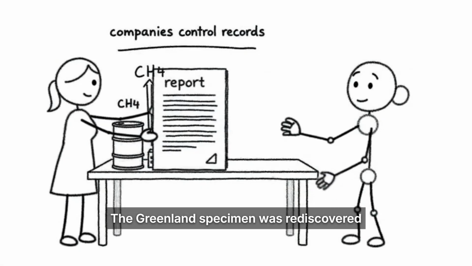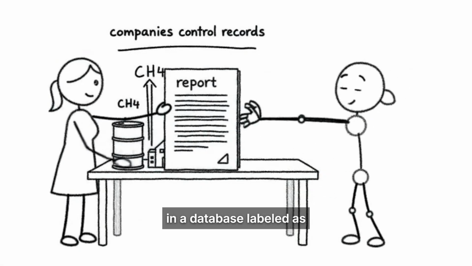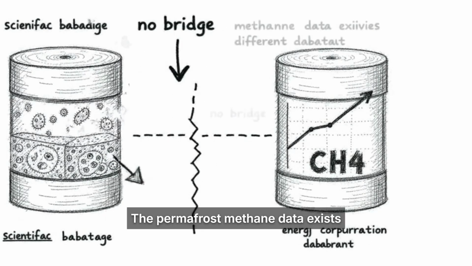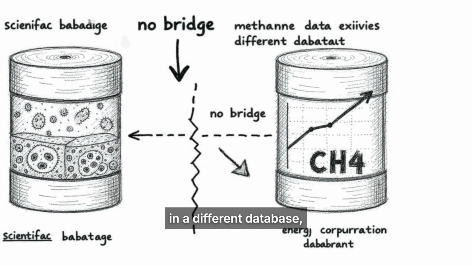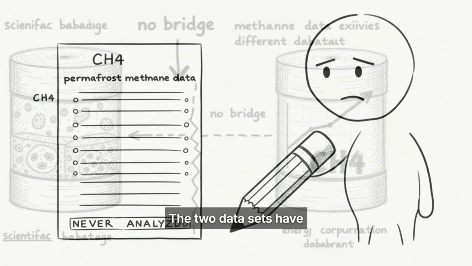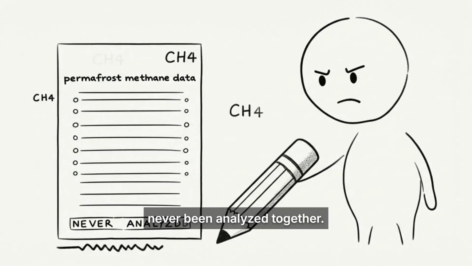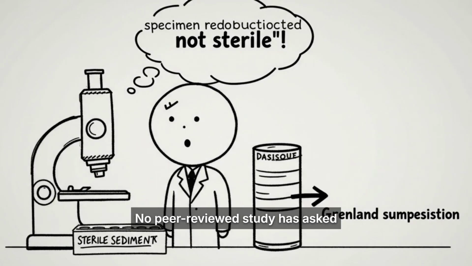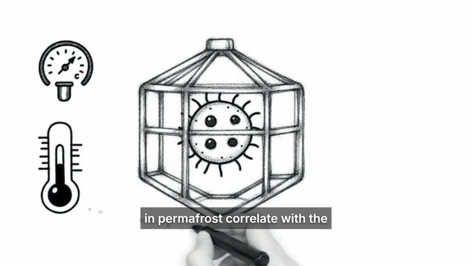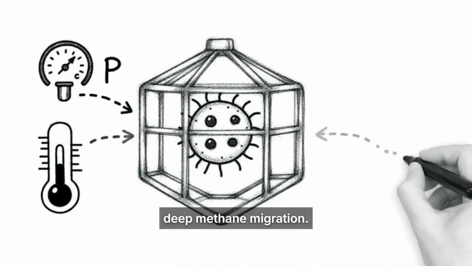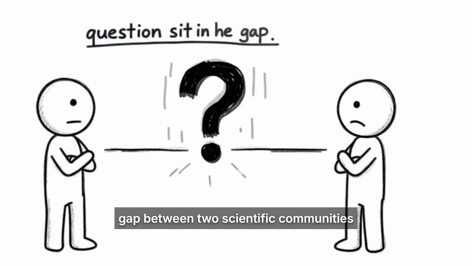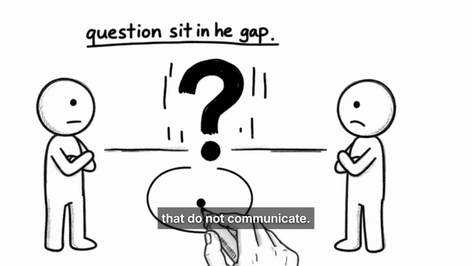The Greenland specimen was rediscovered in a database labeled as sterile sediment. The permafrost methane data exists in a different database, one owned by energy corporations. The two data sets have never been analyzed together. No peer-reviewed study has asked whether the active microbial colonies in permafrost correlate with the deep methane migration. The question sits in the gap between two scientific communities that do not communicate.